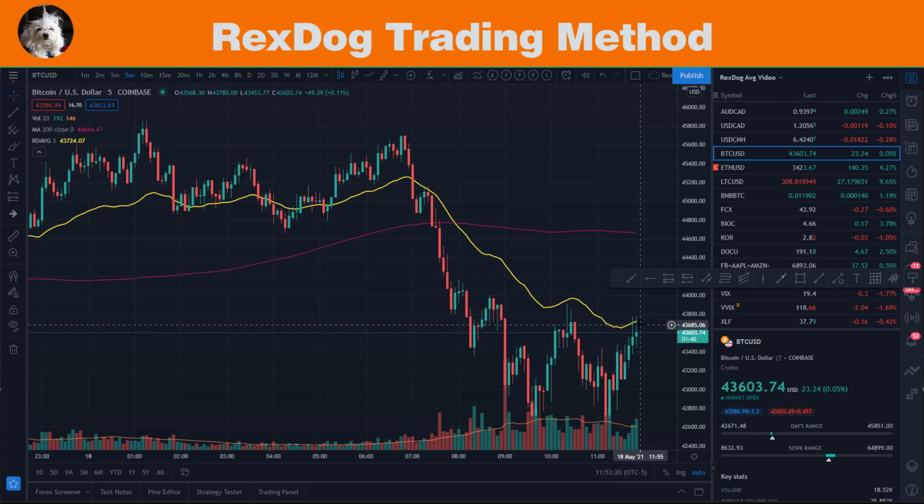It is what you see on the chart, but the way you want to start thinking about it, so you trade correctly and read the chart correctly, is that it's a momentum move, and the momentum of that direction, because momentum is constantly changing, but that current momentum is coming in to your benchmark, which is the RexDog Average.